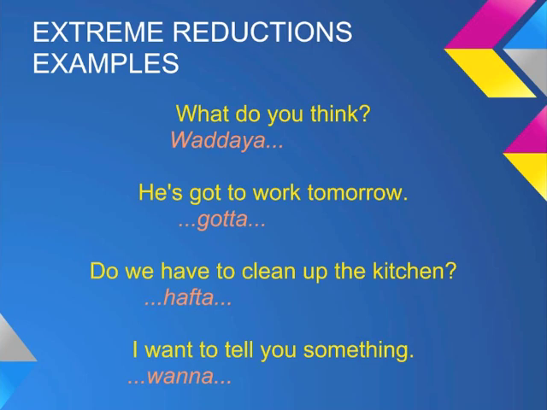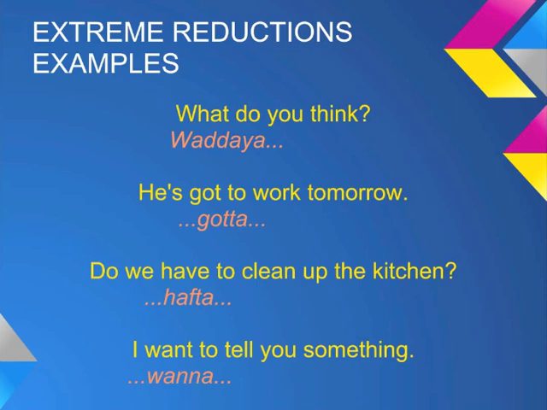Now let's look at some example sentences using these extreme reductions. For example, in the first sentence, even though we write, what do you think, many people will pronounce it as, what'da ya think? He's got to work tomorrow will become, he's gotta work tomorrow.